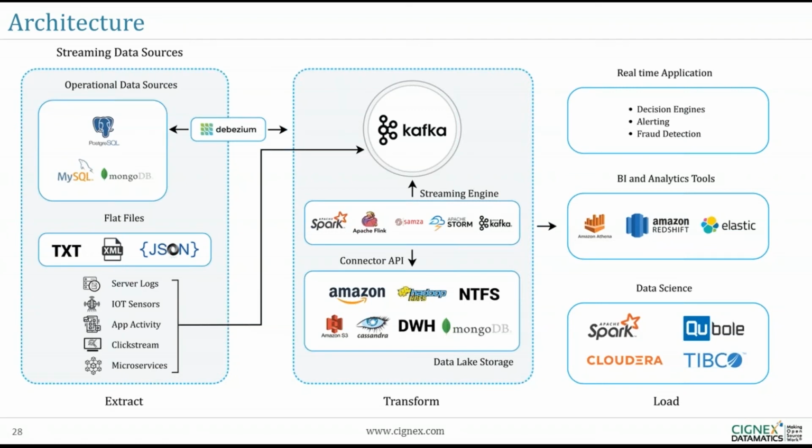Some organizations heavily relying on machine learning and data science would like to use this data to train their models, and once the models are trained, they deploy them to the application to serve the business. So this is the overall architecture: how Kafka can be placed, which different sources we can work with, and how the data can be easily processed through the different streaming engines we have today.